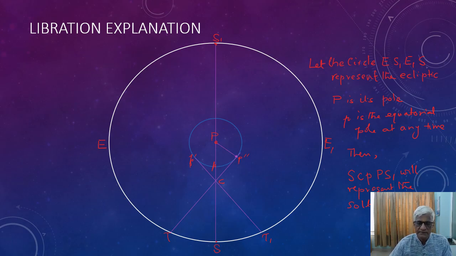P dash is at one position of the pole, P double dash is another position of the pole. These two lines will intersect the solstitial colure at a point C.